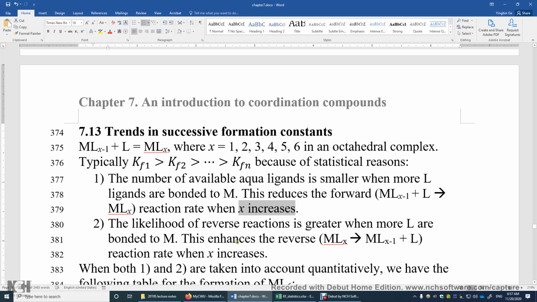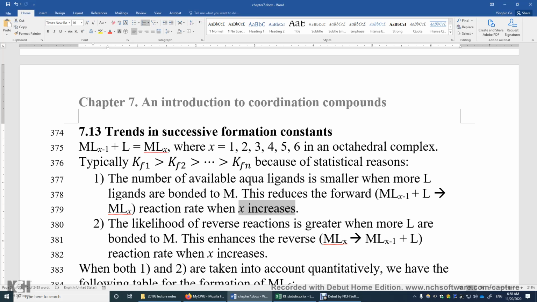So both reasons result in a decrease of the formation constant, because again, the formation constant is the forward reaction rate constant divided by the reverse reaction rate constant.